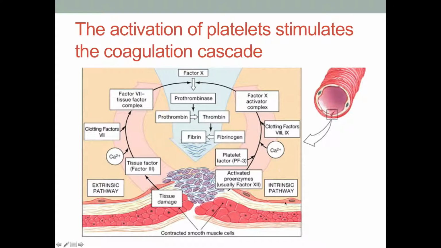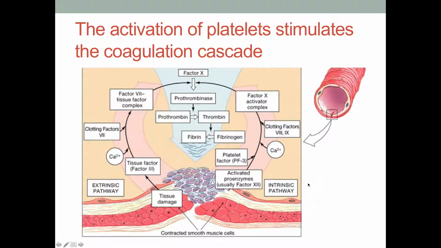The intrinsic pathway is, in healthy cases, activated by the extrinsic pathway signaling to it. And they work really well together so that when there is extensive damage, you need a good big clot, an effective coagulation.